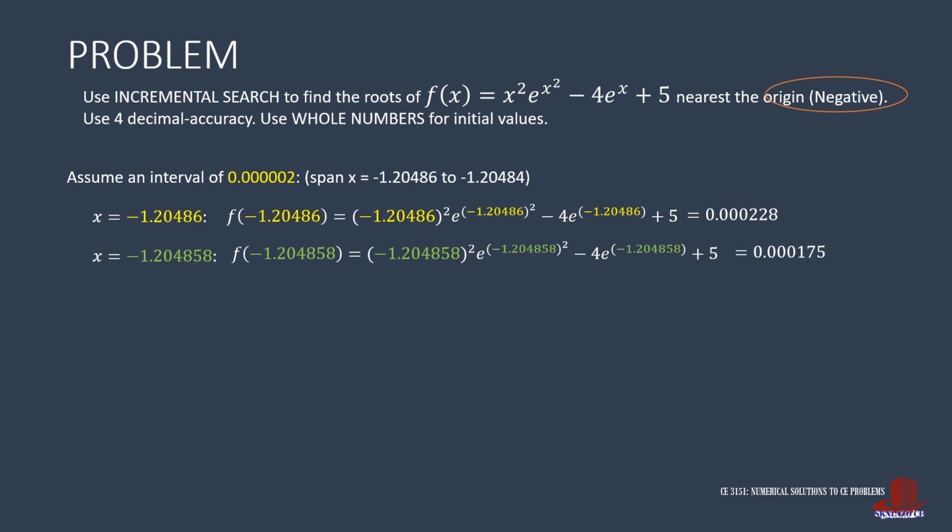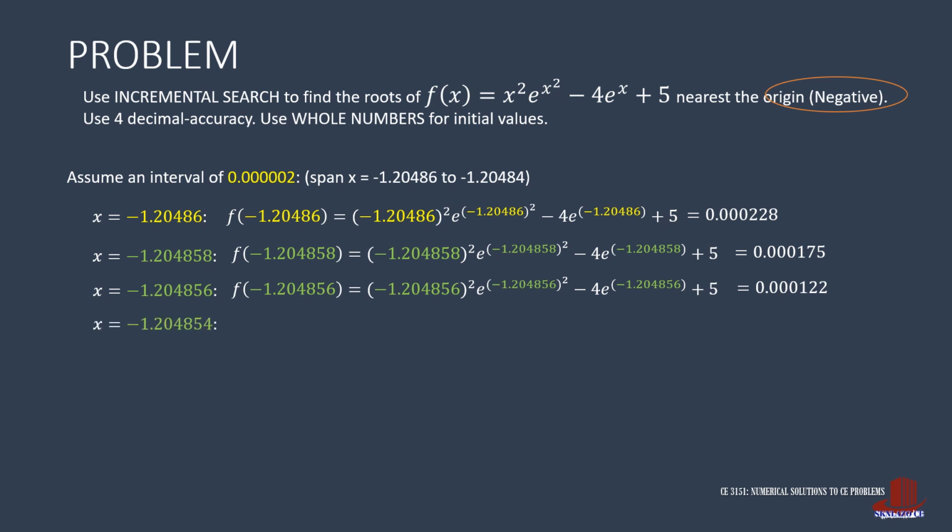This results to 0.000175. The next is with x of negative 1.204856, where if plugged into the function, yields f of x of 0.000122. At this point, it seems that we are near zero.